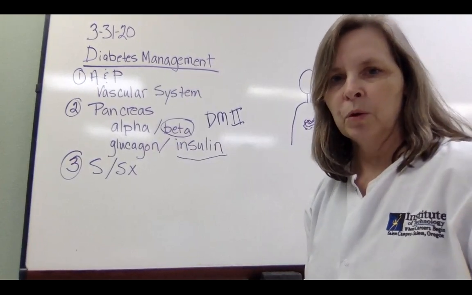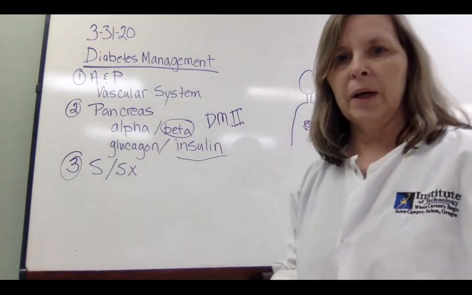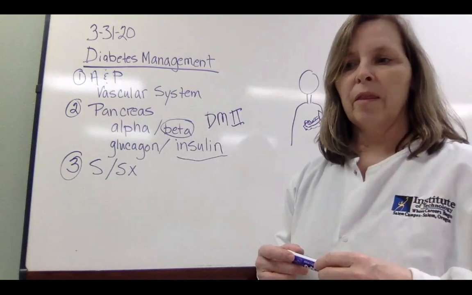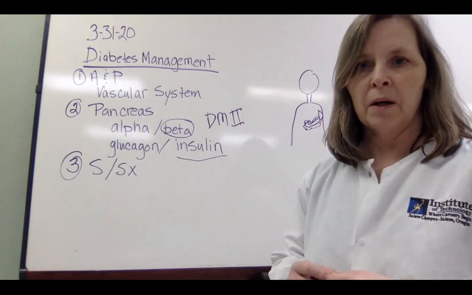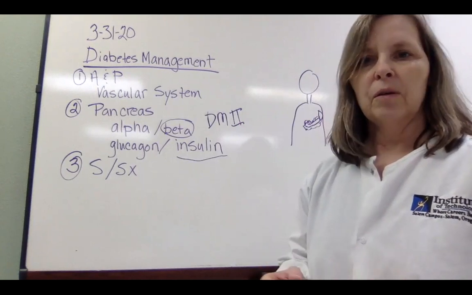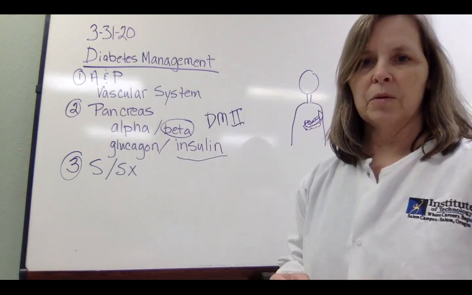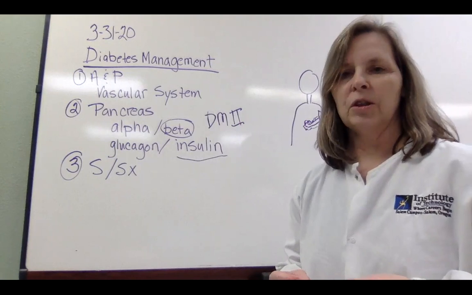So their loved one will go into DKA, and they'll have that fruity breath. Their brain sometimes doesn't work well. Sometimes they can go into a coma, and when they get them to the hospital, they can take those blood samples and do the lab work and find out right away that this is the issue.